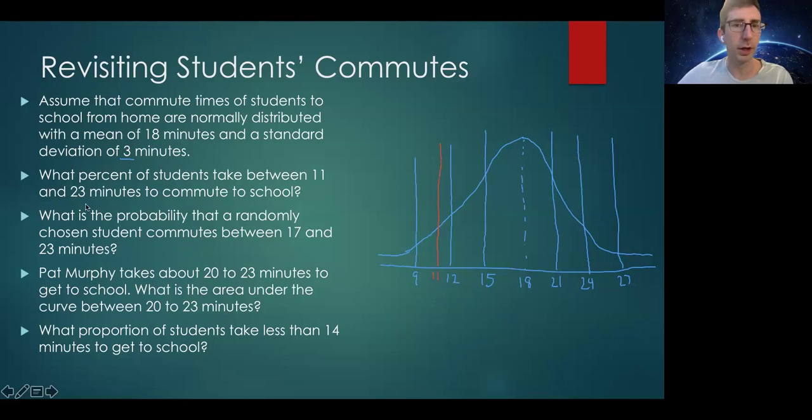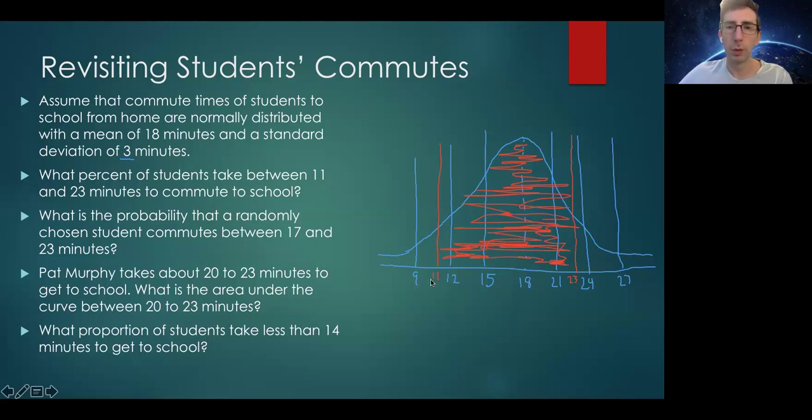There's our 11, and 23 is going to be right here in between 21 and 24, but closer to 24. And we want to find this area in between 11 and 23.